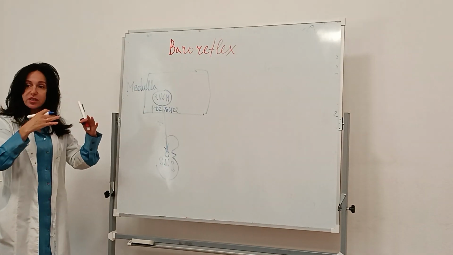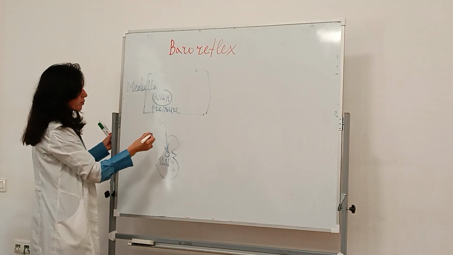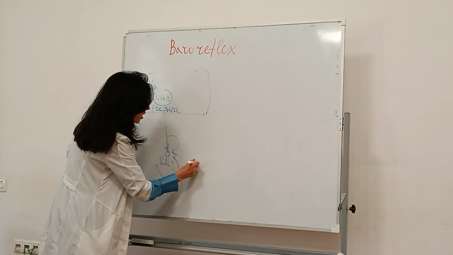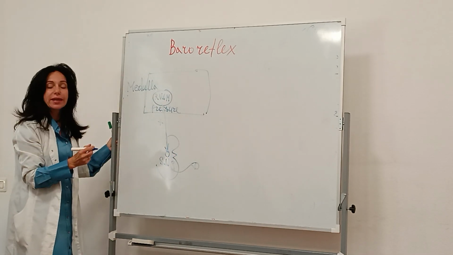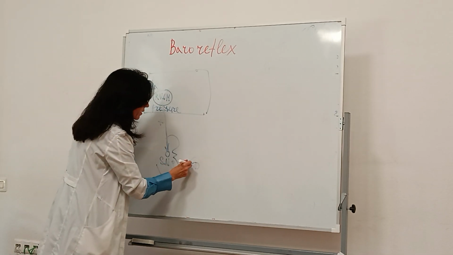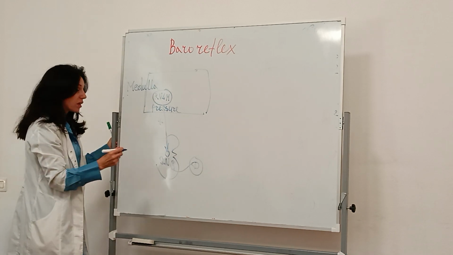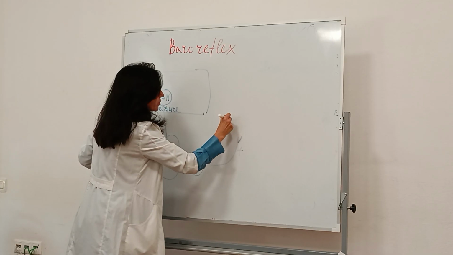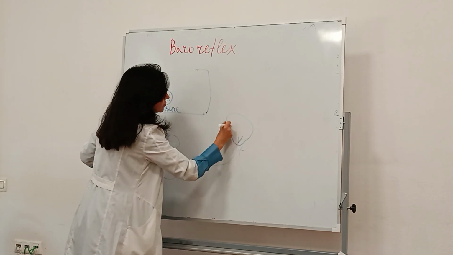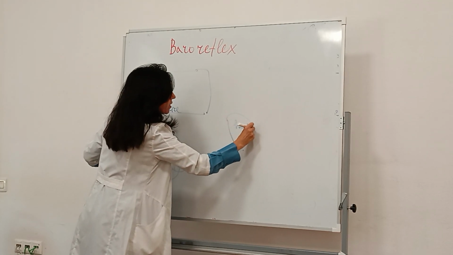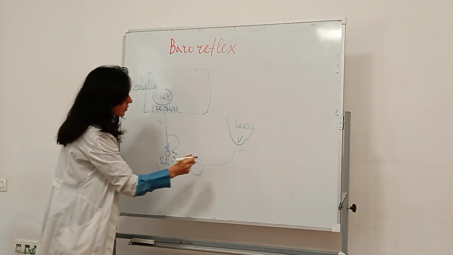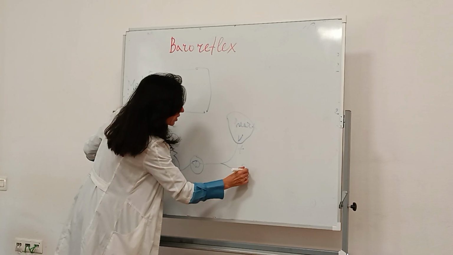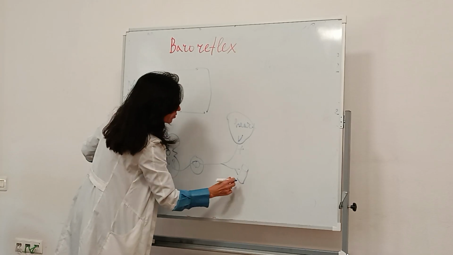It becomes more or less depending on the situation. The sympathetic nervous system has a synaptic relay in sympathetic ganglia, and the ganglia innervate the heart with positive influence, and blood vessels, veins and arteries both.